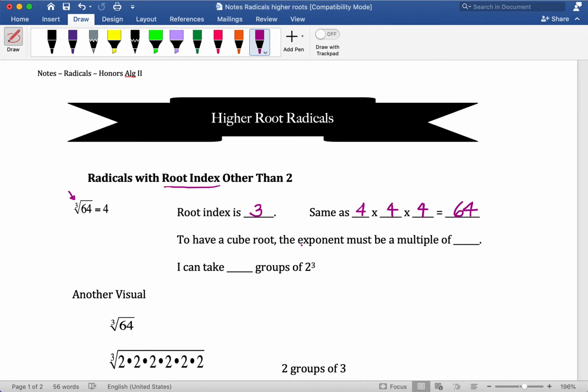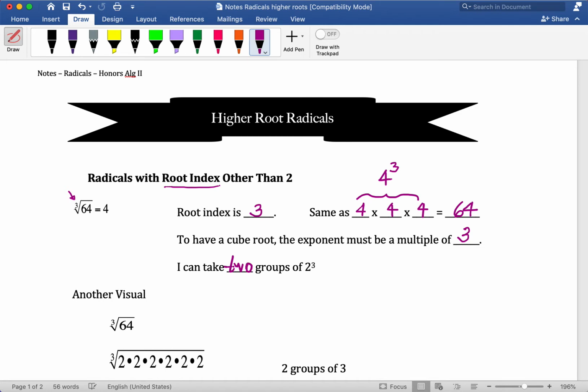To have a cube root, the exponent must be a multiple of 3. Okay? So in other words, I could rewrite this here as 4 to the power of 3. And so then the cube root of 64 is 4. I can take 2 groups of 2 cubed.